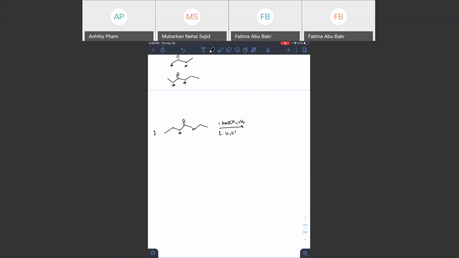And so that alpha hydrogen is going to attack another one of the same exact molecule. So it'll come here and attack here. That'll break off the O. So what we're going to end up with is just redraw the exact same thing from the start and then attach the carbonyl on. Okay.